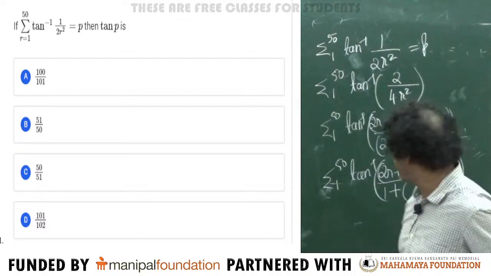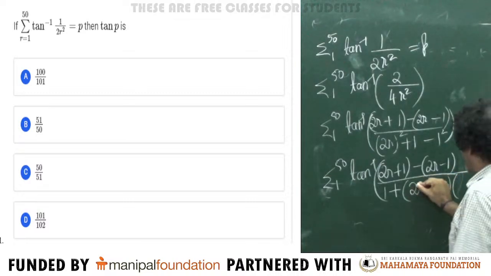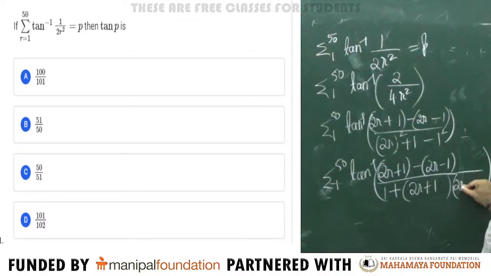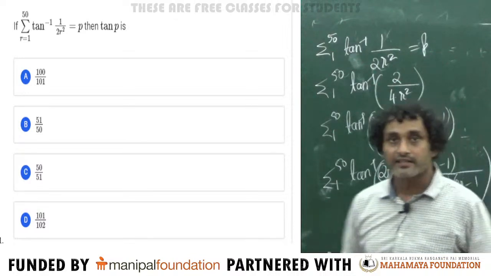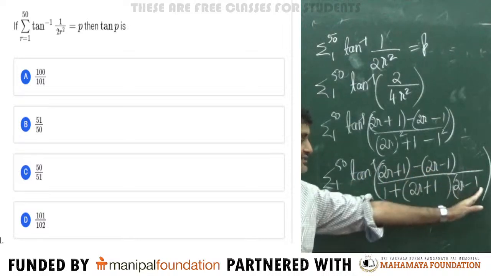Isn't it (a plus b) into (a minus b)? So can I do it like this: (2r plus 1) into (2r minus 1). We are done, okay? Did I bring it in the form tan inverse of (x minus y) by (1 plus xy)?